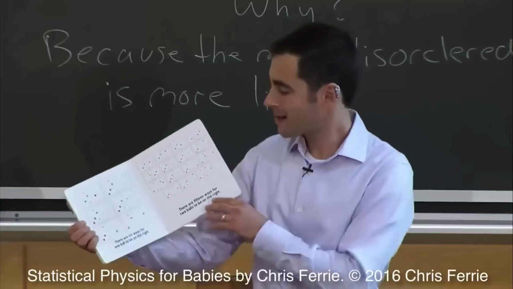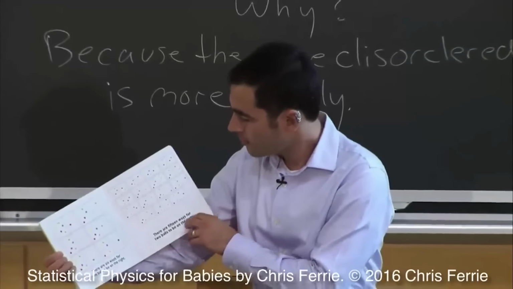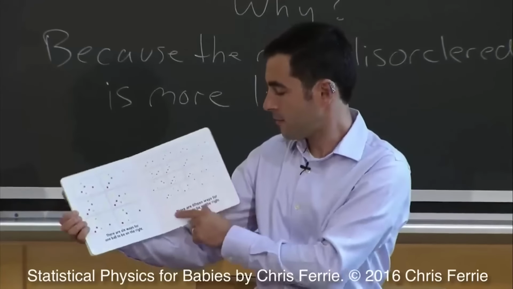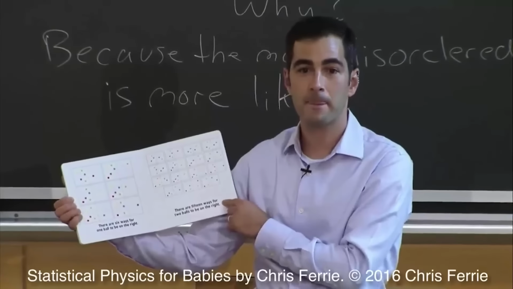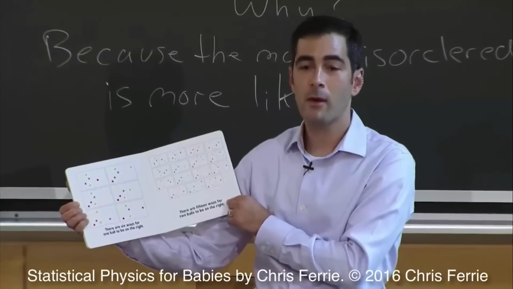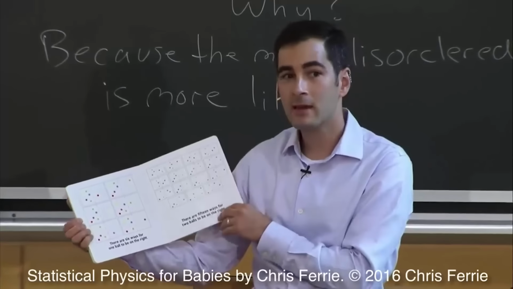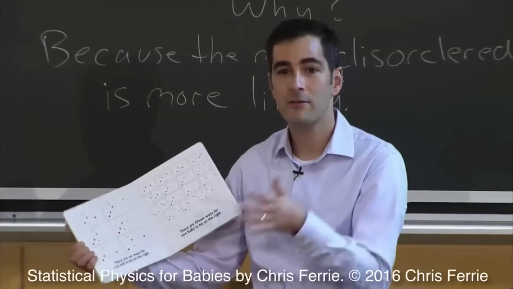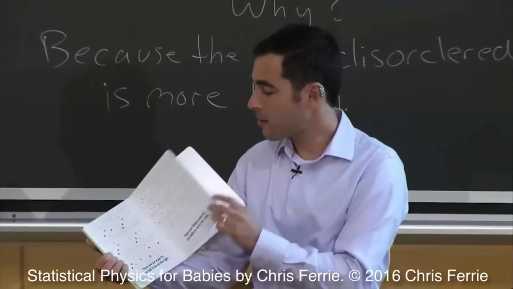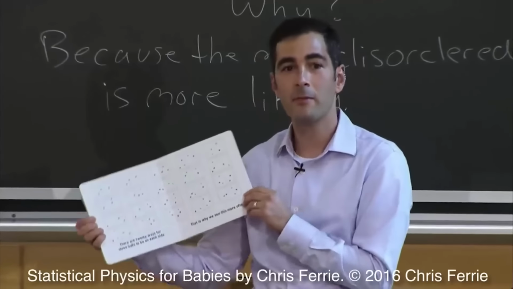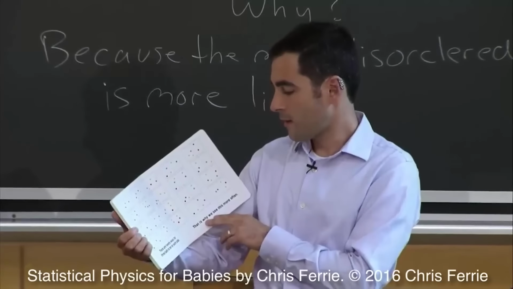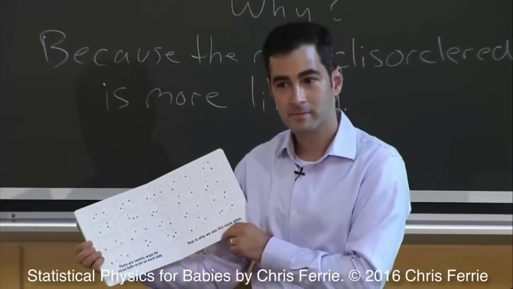Now, if you started counting up the different ways to have 2 balls on the right and 4 balls on the left, you would find there are 15 different ways to do that. But what was the most likely situation? 3 and 3, right? It was sort of even. So if you count up all the different ways you can have 3 balls on the left and 3 balls on the right, you'll find that there are 20 ways.